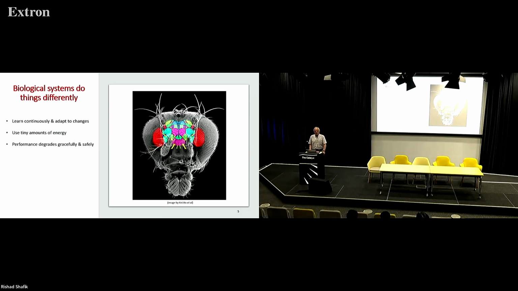In other words, performance drops off smoothly rather than falling off a cliff edge. When you add a bit of noise to the image, they will go slightly wrong rather than completely wrong. And this is a much safer characteristic and one that we'd like to see in our engineered systems.